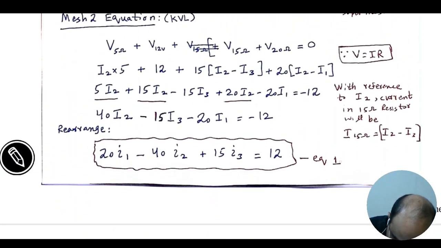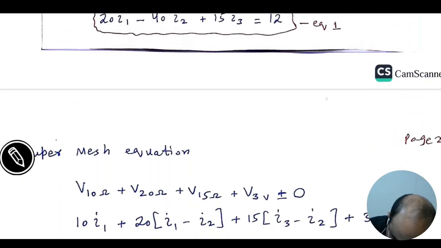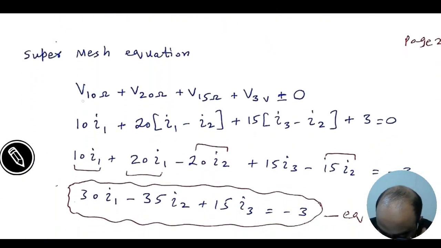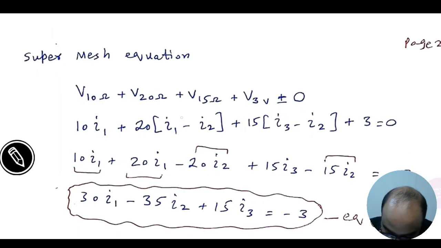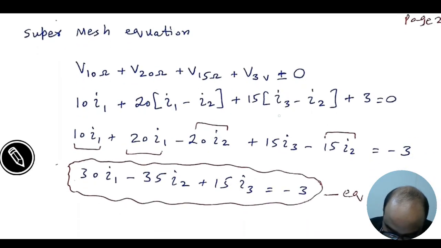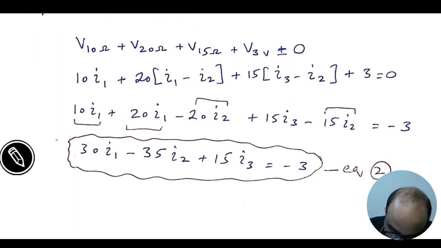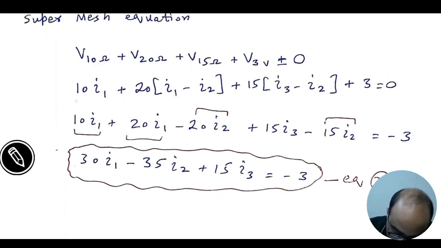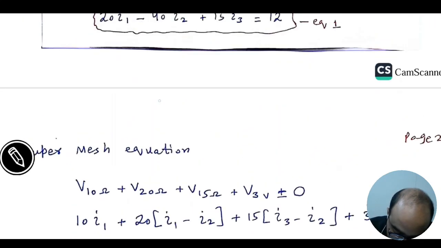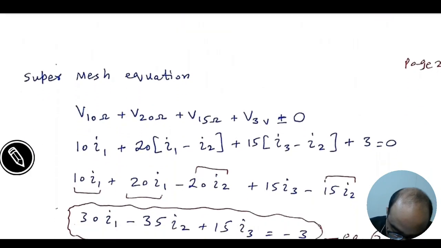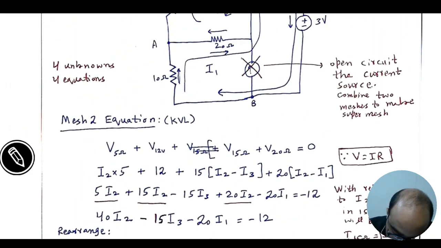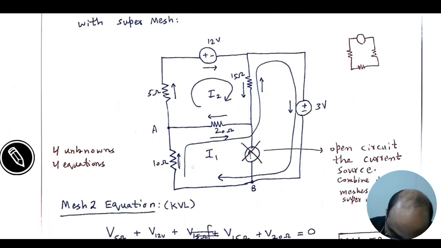So just apply KVL to that loop: V across 10 ohm plus V across 20 ohm plus V across 15 ohm plus V across 3 volt is equal to 0 according to KVL. Now putting in values, 10 ohm resistance multiplied with I1. Here you can see I1 is flowing through this 10 ohm resistance, and what current will flow in the 20 ohm resistance?